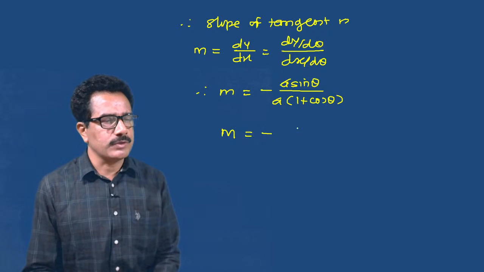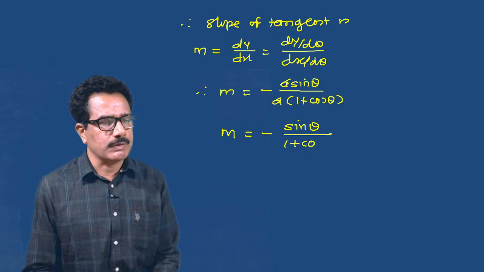So m is equal to minus sin theta divided by 1 plus cos theta.